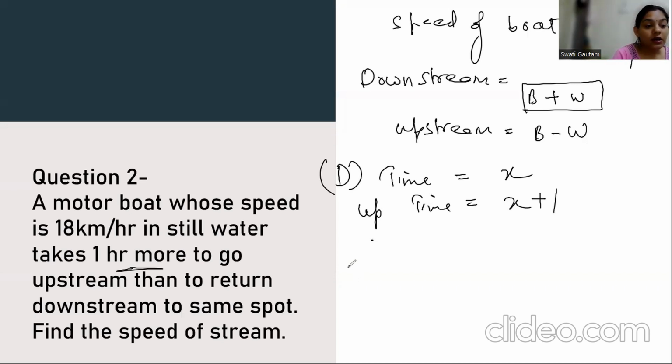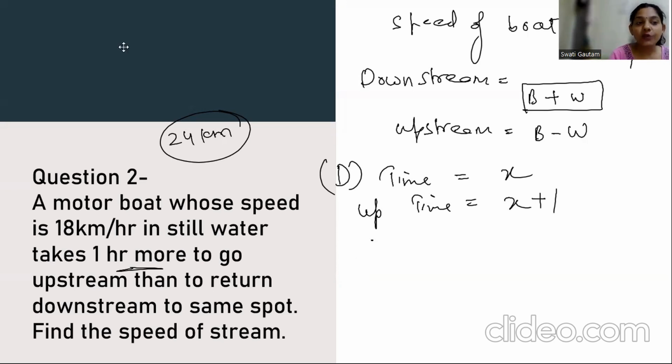Distance covered is 24 kilometers one way. First it will go downstream 24 kilometers and then again cover 24 kilometers back to the same spot, right?